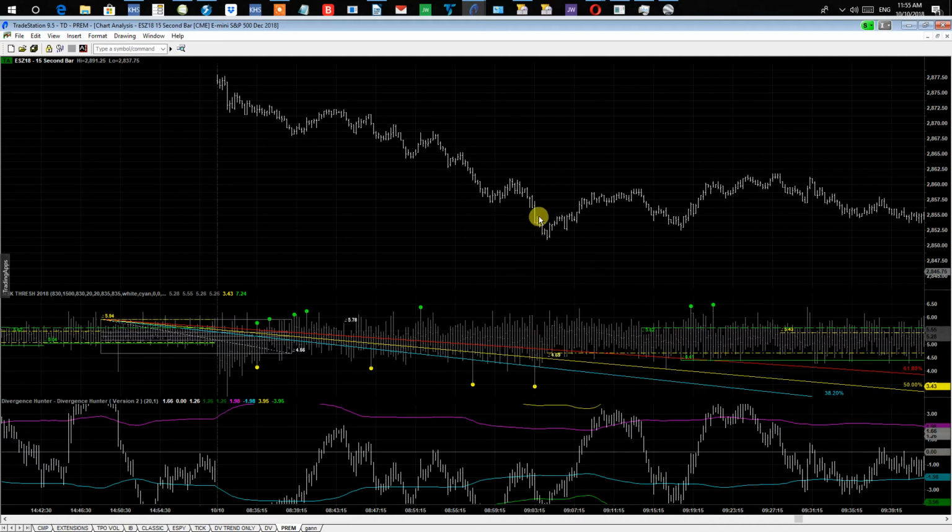But as we come to this point, you see how the premium is becoming divergent. In other words, we've got lower lows, but we have higher lows on the premium.